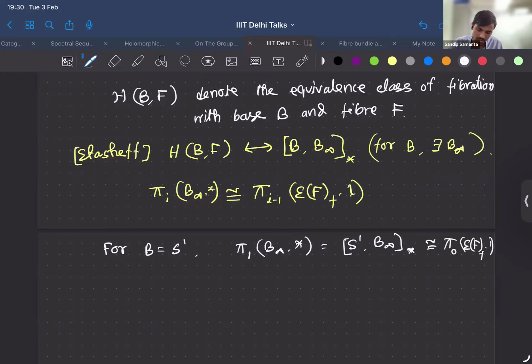But this pi 0 of this space is a discrete space, so this is the same as this group. And this is in one to one correspondence with the equivalence classes of fibrations where the base is S1 and the fiber is F.